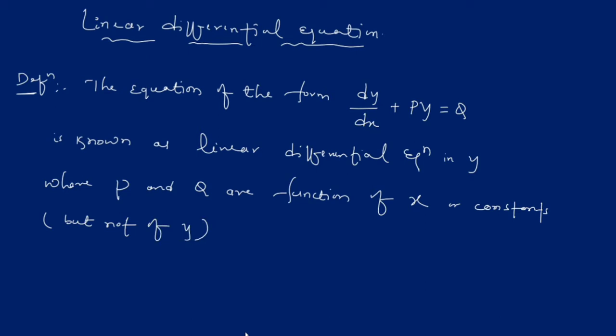Only these are the functions of x. It is a function of this x term, right? Where p and q are the functions of this independent variable x, the equation of the form dy by dx plus py equals q is known as a linear differential equation in y.